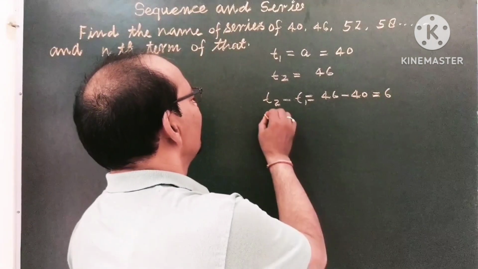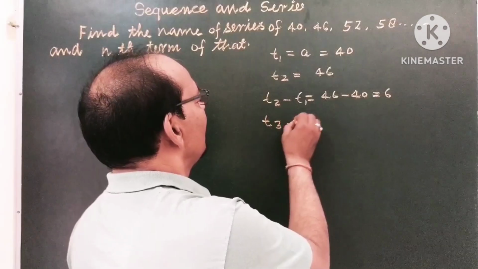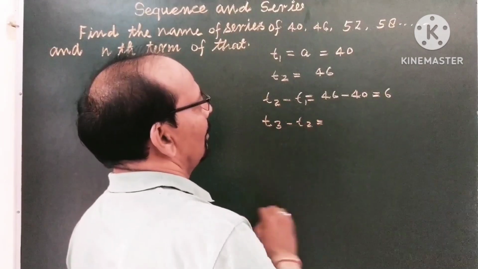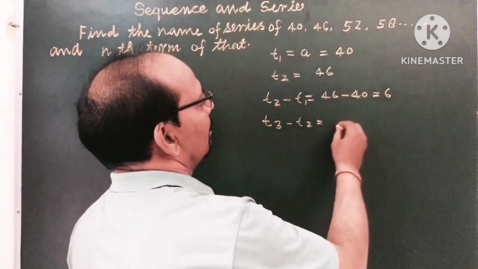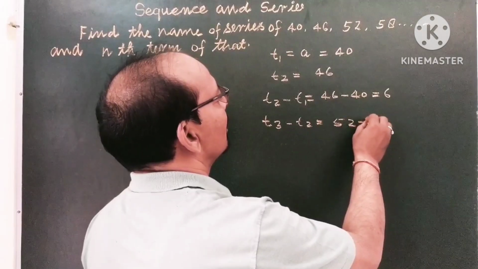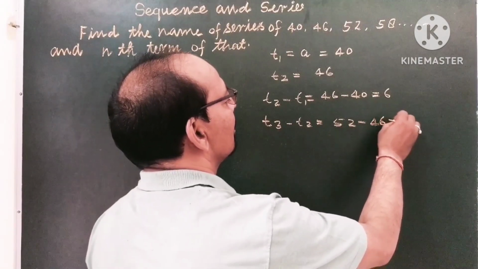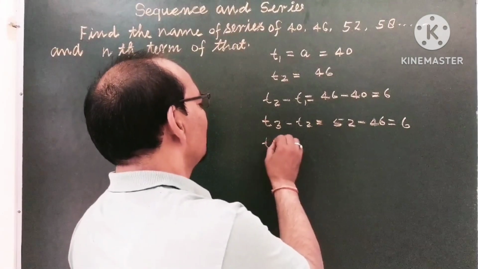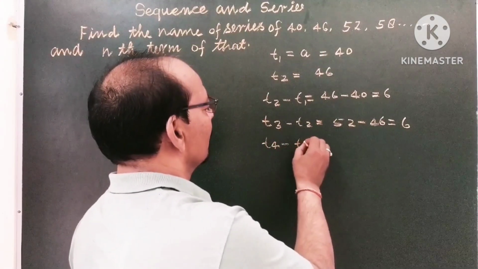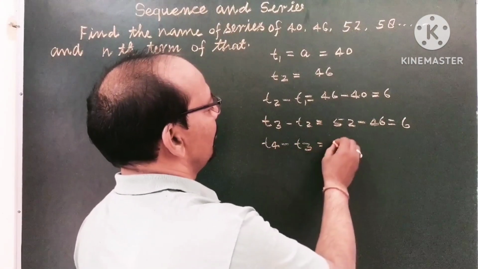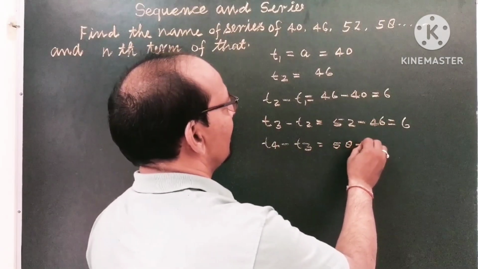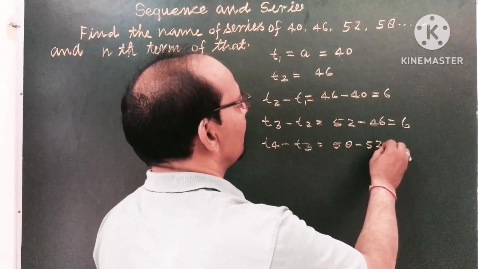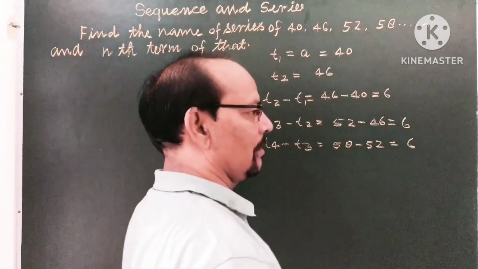And after that, if you find T3 minus T2, this is the T3, therefore 52 minus 46, it will be 6 also. And after that, T4 minus T3, this will be 58 minus 52, this is also 6.